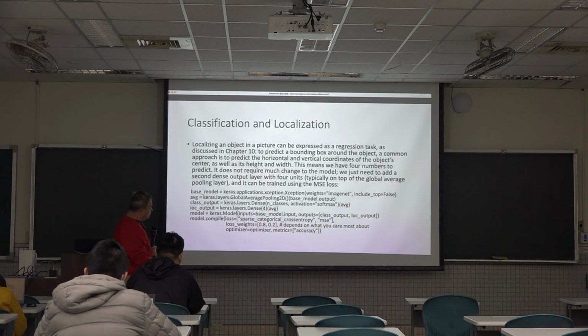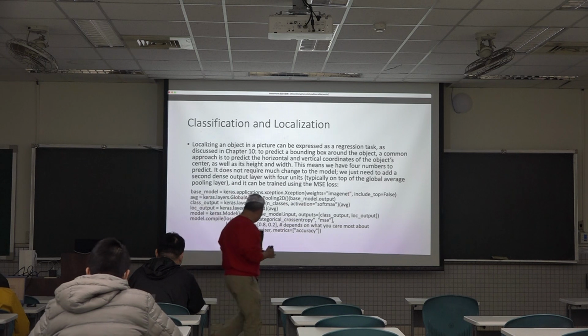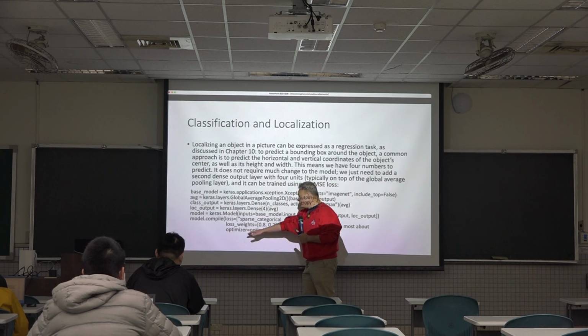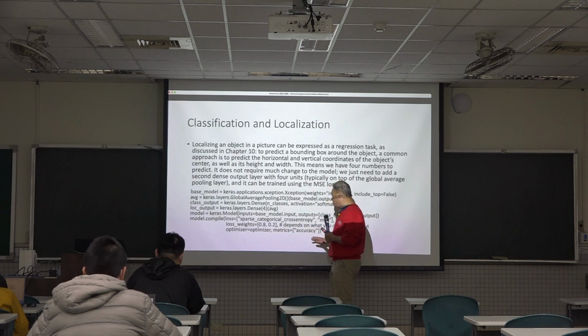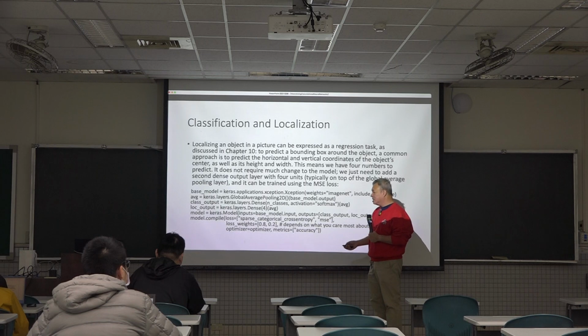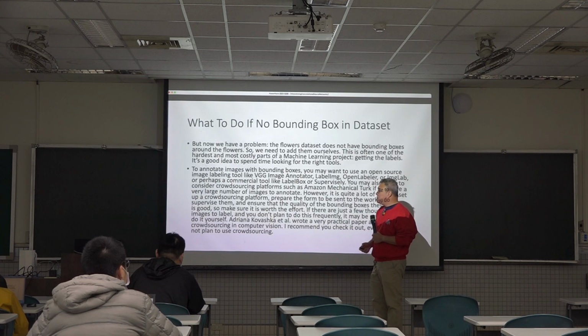Here is an example: we put 0.8 for the classification task and 0.2 for the localization task. If you want to emphasize the localization task more, you can change the weights here. And you have the optimizer and also the metrics. So that's it.